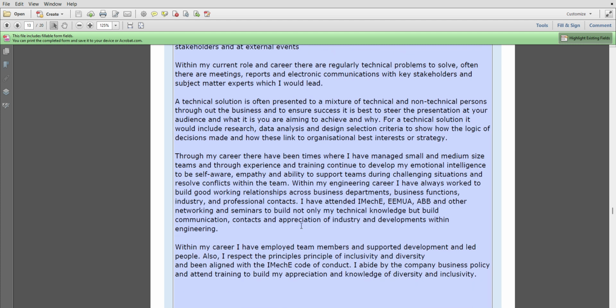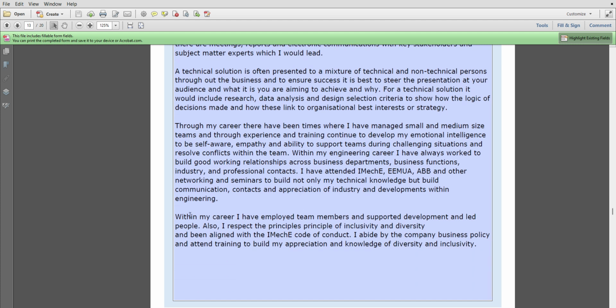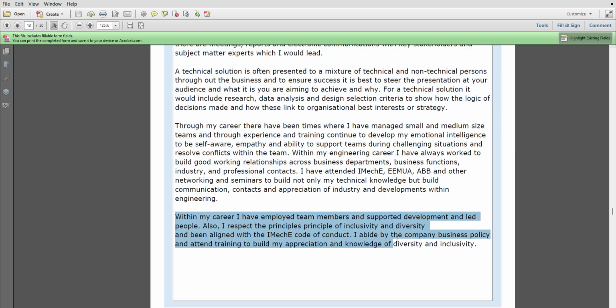So an example is, if you look at this paragraph, it talks about being employed and supporting and developing people, respecting the principles of inclusivity and diversity as per the IMechE Code of Conduct.